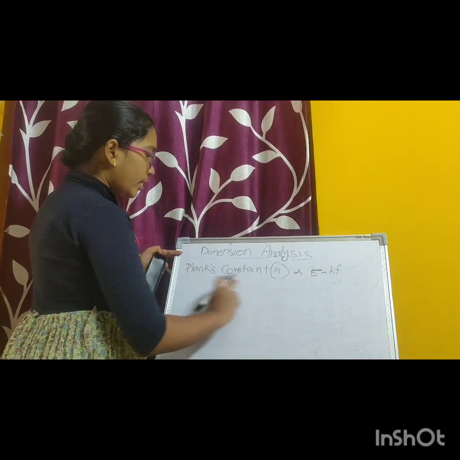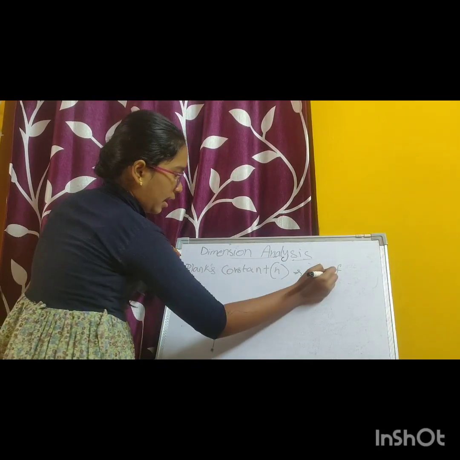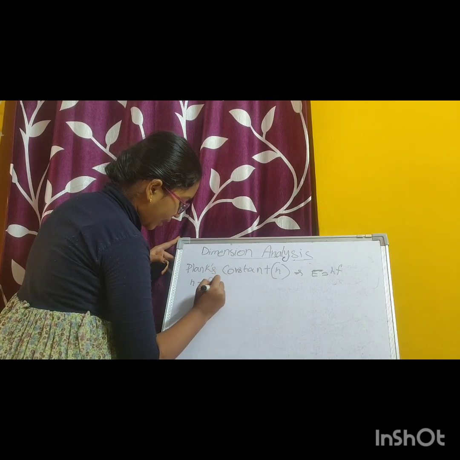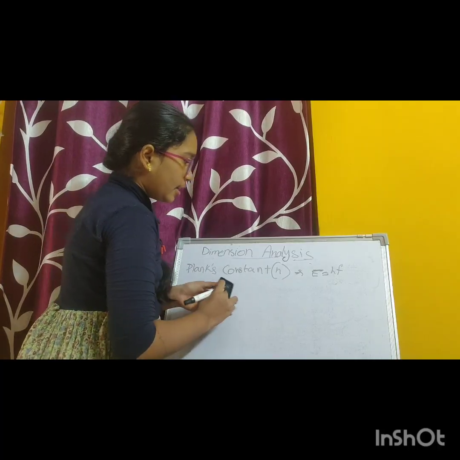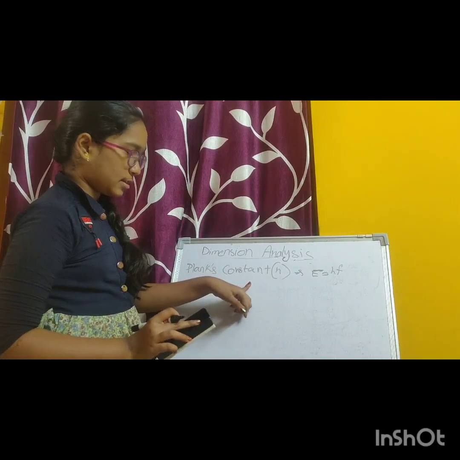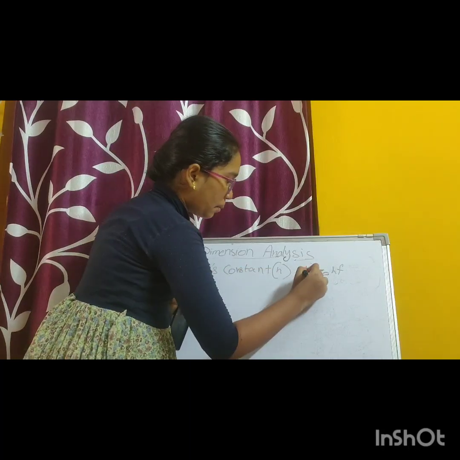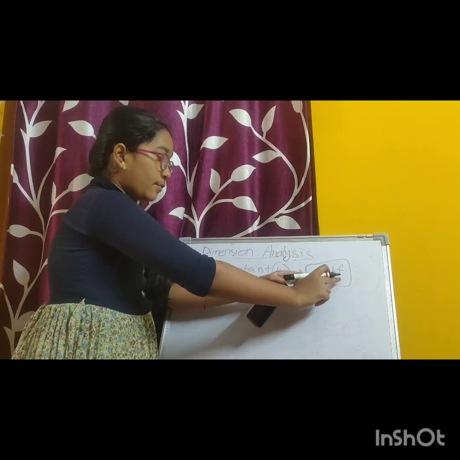We need the value of h. So if we take h to the other side, h is equal to E by f. Here E is energy, h is Planck's constant, and f is frequency.